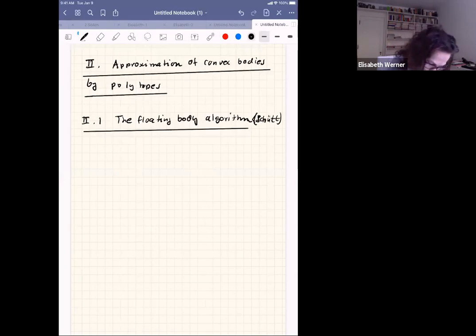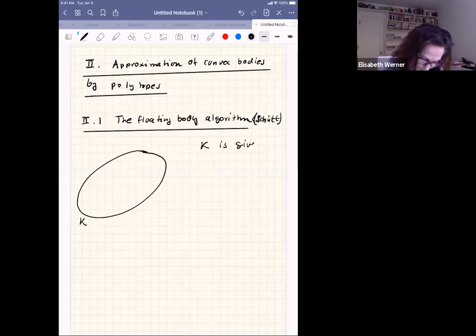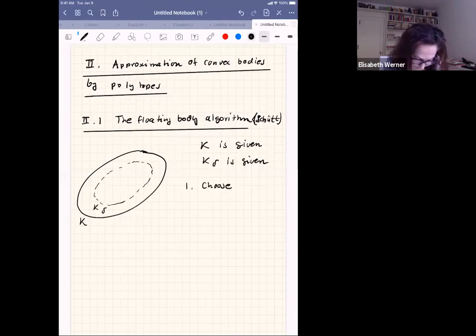So we have a convex body K. K is given, and also the floating body K delta is given. So here is the floating body inside K. The first step is we pick any x1 on the boundary of K. So let's say here, I've chosen an x1.